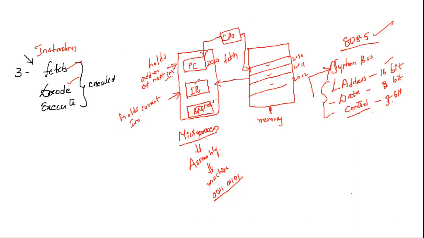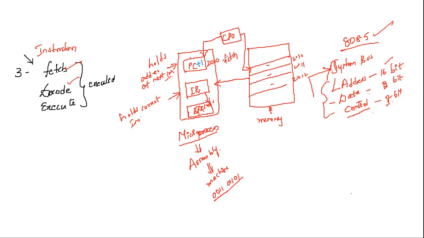After the instruction register has the current instruction, we are going to decode the instruction. Decoding means converting it into zeros and ones. While this decoding and executing is being done, at the same time the program counter is going to be incremented by 1.